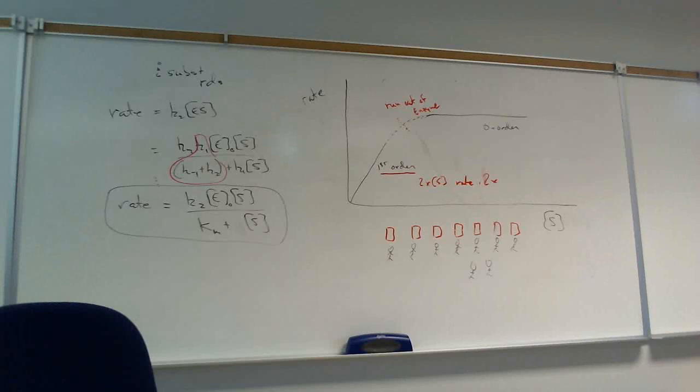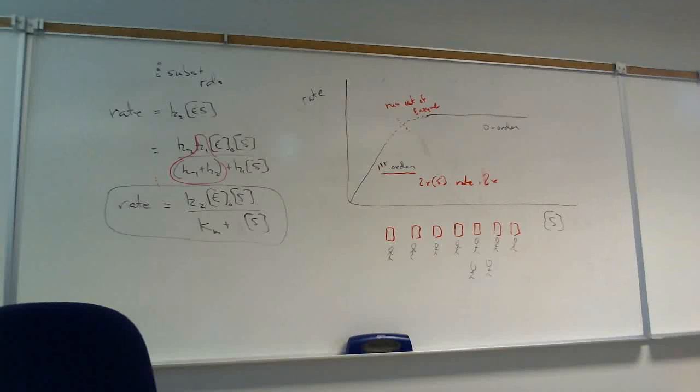We can understand this in terms of what's happening with Km and S. At sufficiently low concentrations of S, if S is small compared to Km, then we can ignore it. S is negligible compared to Km.